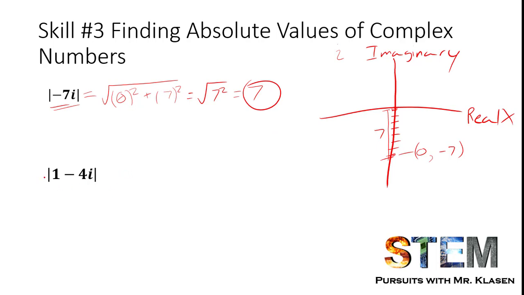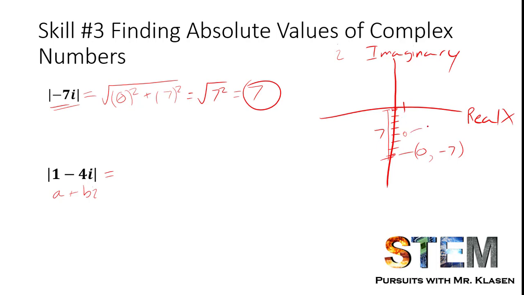Now let's look at an example in a plus bi format. So you have the real component plus the imaginary component, just like we practiced in the writing format. In this specific situation, we can look at our axes. We can go 1, and then 1, 2, 3, 4.